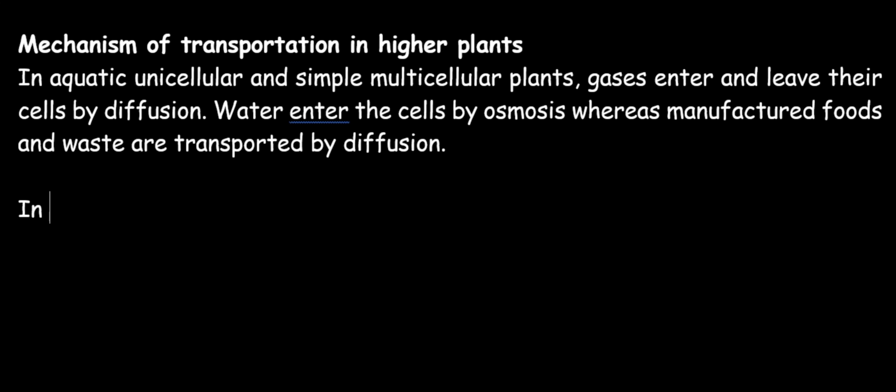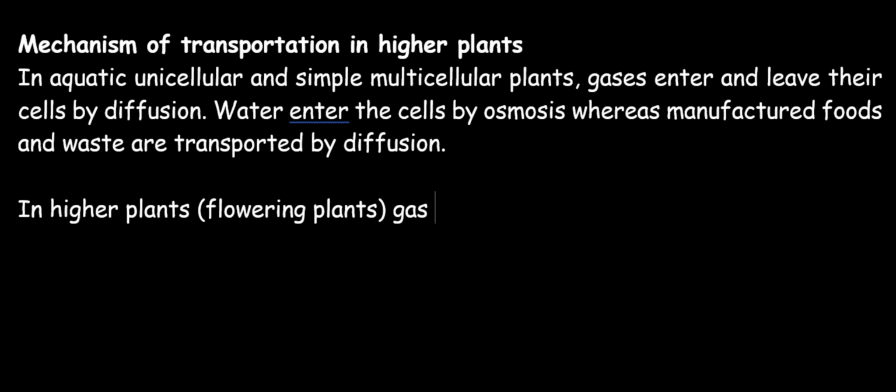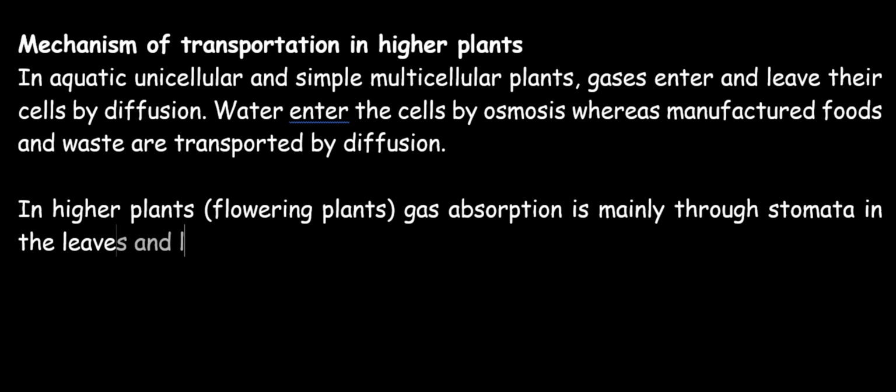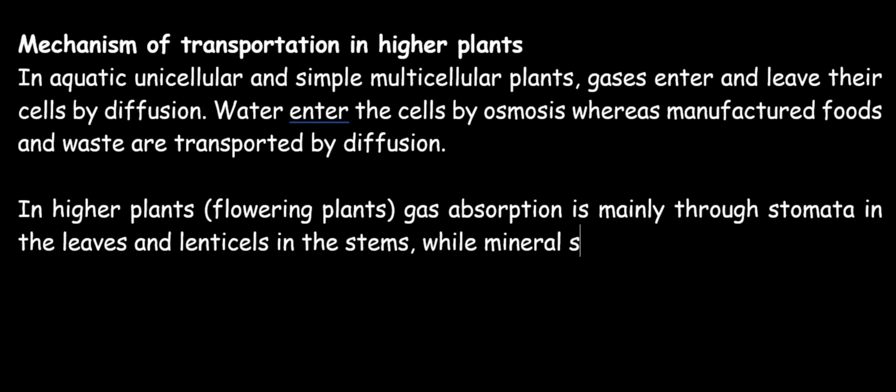In higher plants, that is in flowering plants, gas absorption is mainly through stomata in the leaves and lenticels in the stems, while mineral salts are absorbed through the root system.